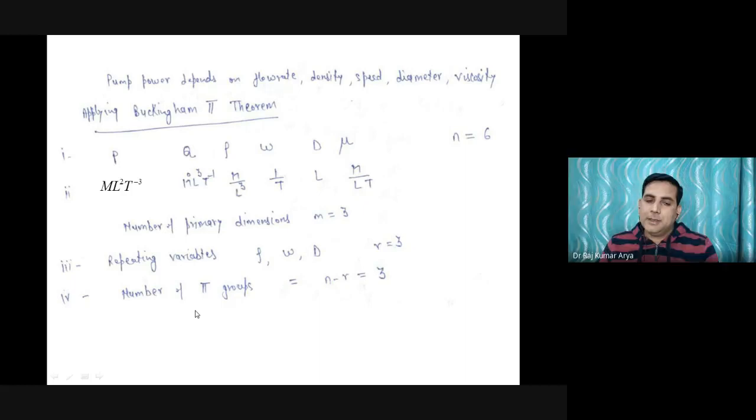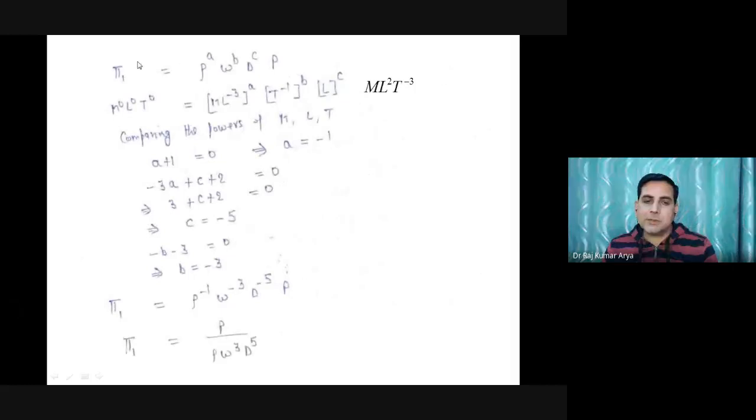Now we will add the repeating variables with the other variables one by one to calculate your pi groups. If you go to the next slide, first you are calculating pi group 1. This is your power P. You added it with the power. Substitute the dimensions of all of them. Put a power of that a, b, c, d. Equate the powers of M, L, T. If you equate the power of M, you will get this equation.